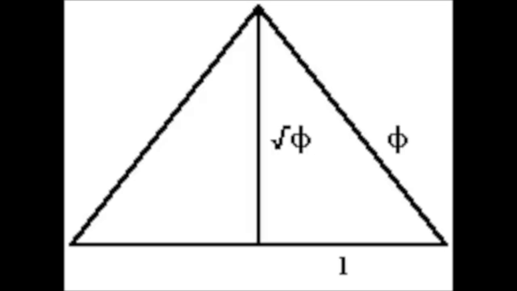If this 54 to 72 to 54 degree triangle is bisected vertically from the midpoint of its base to the crux of its 72-degree capstone angle, the length of this line will be, as previously posited for such a Kepler triangle, the square root of phi.